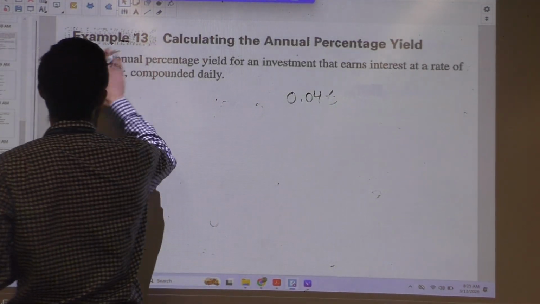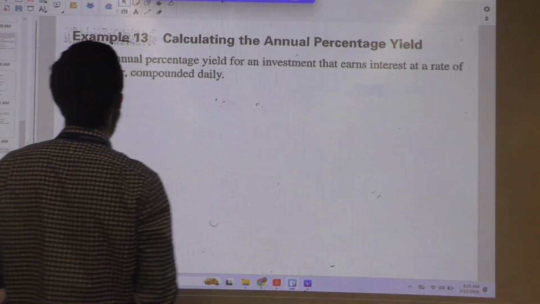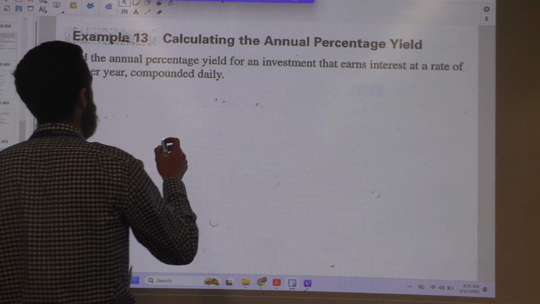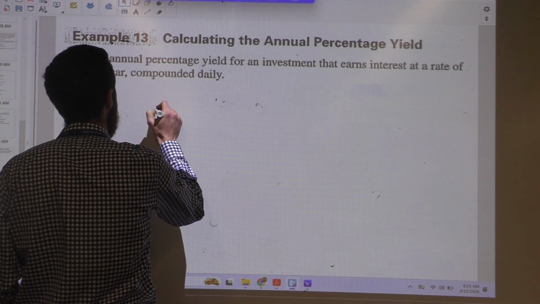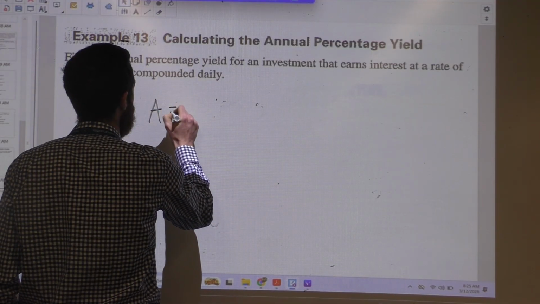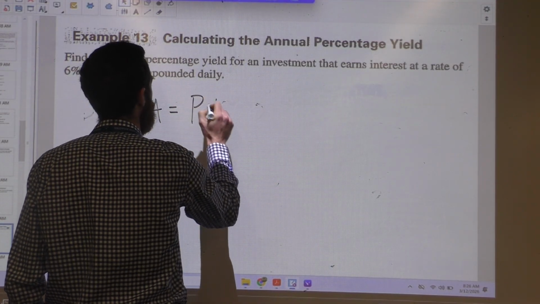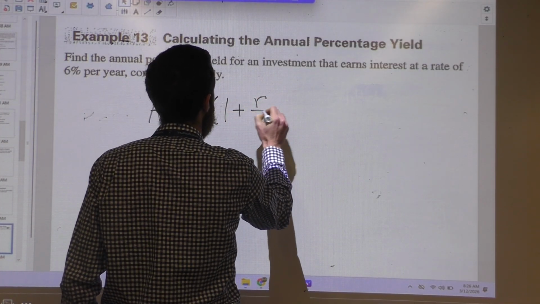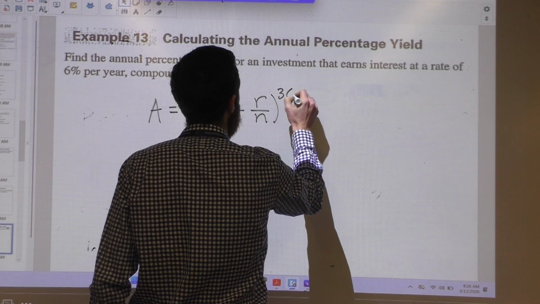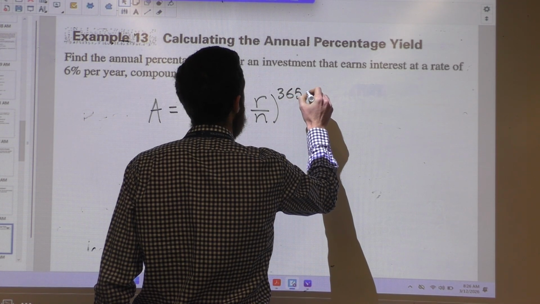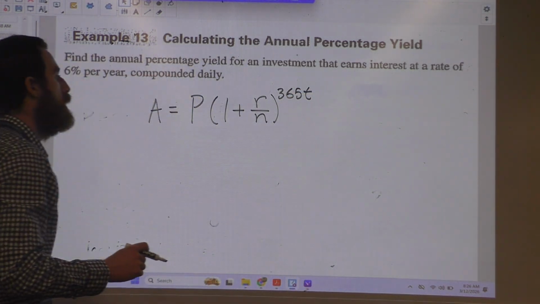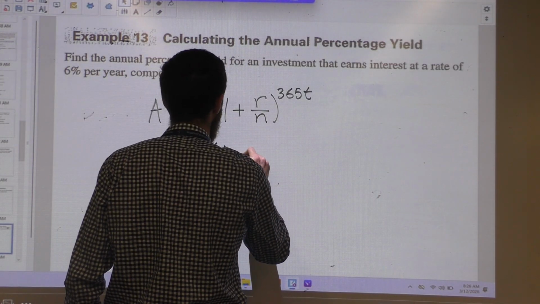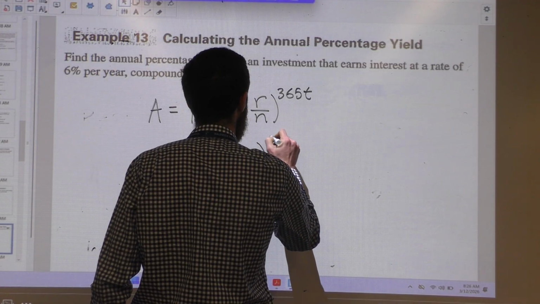Compounded daily, real quick, we'll do that. The annual percentage yield for an investment that is compounded daily. We have the equation A equals P. So here, we're comparing to the equation 1 plus r to the t.